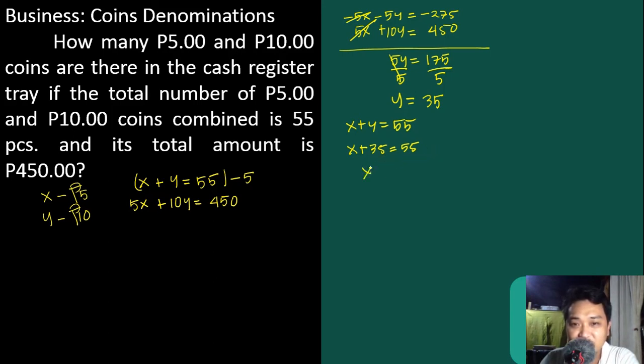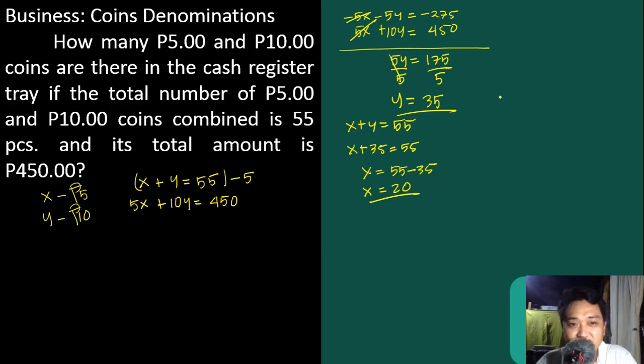So we have x is equivalent to 55 minus 35. So 55 minus 35 is equivalent to 20. There you go. So yung number of 10 peso coins natin is 35 at saka yung number of 5 peso coins natin is 20.